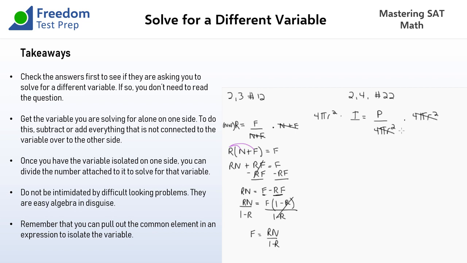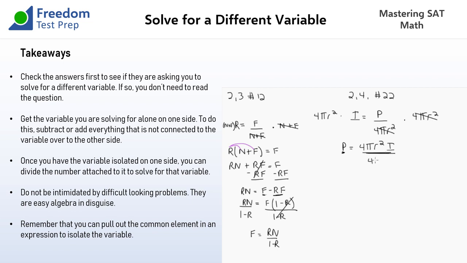The 4 pi r squared here cancels out, and we end up with, I'm just going to rewrite this as P equals 4 pi r squared I. Now, all we have to do, remember I said you can only divide once you have one item on one side and another item on the other side. This is all one item because they're all combined through multiplication. So now we're trying to solve for the R squared.